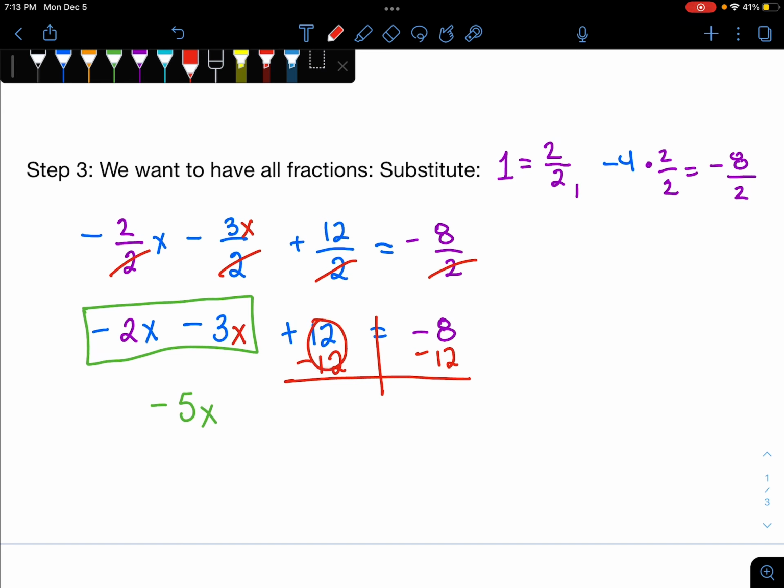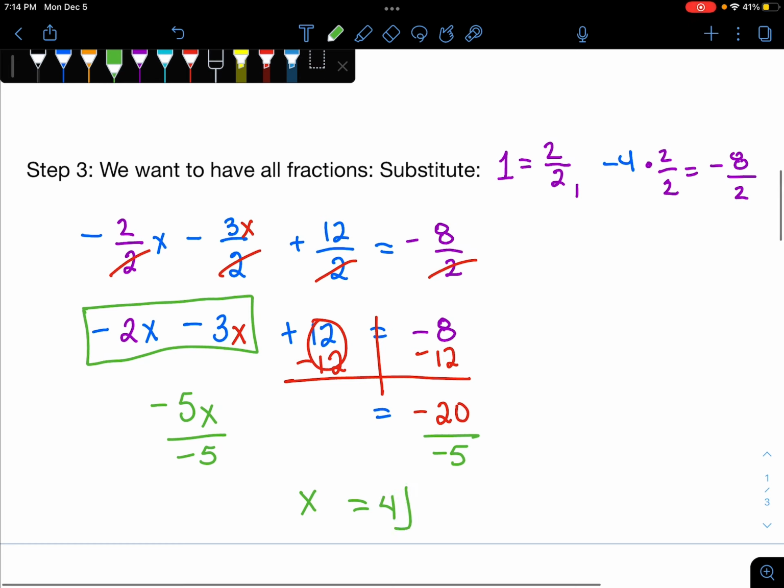So this becomes a 0. This becomes negative 20. Next step is we divide negative 5 on both sides. A negative divided by a negative is a positive, so x equals 4.